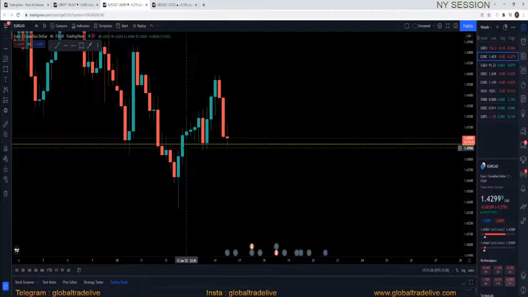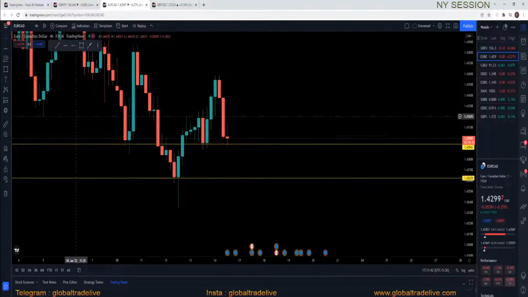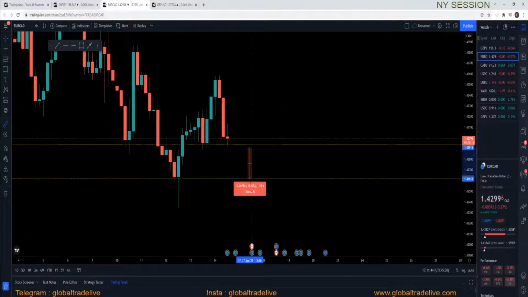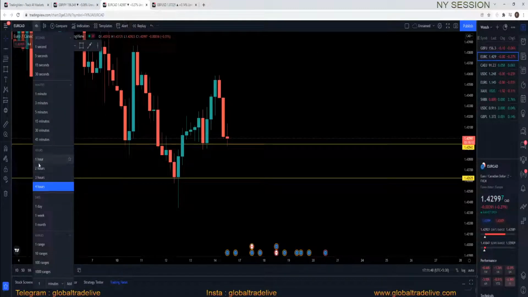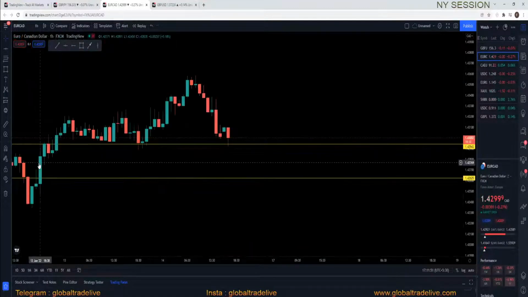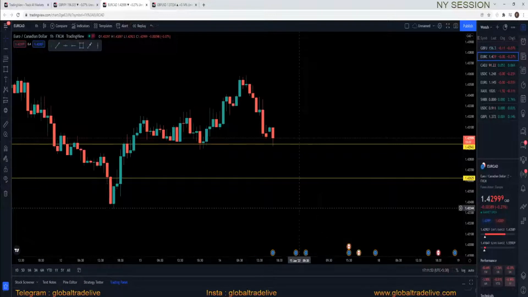Also, in the 4-hour we have this clean range to cover up. I think this can be a good range to take a trade in EuroCAD, and the range is pretty good, like 28 pips, but we need to find a good range in smaller time frames.